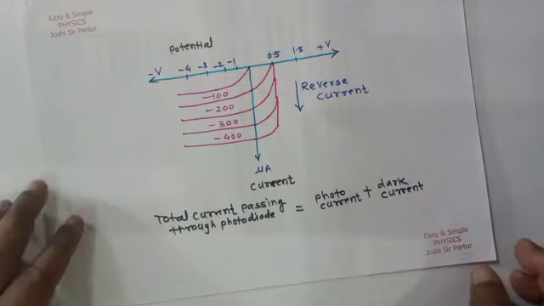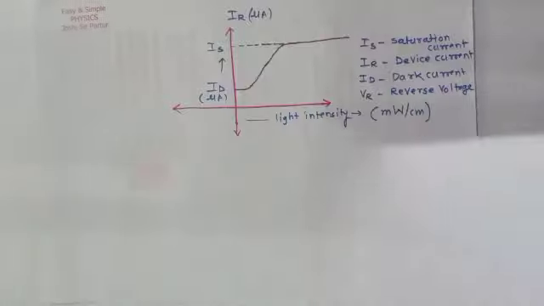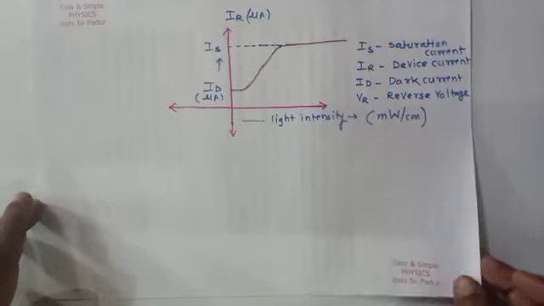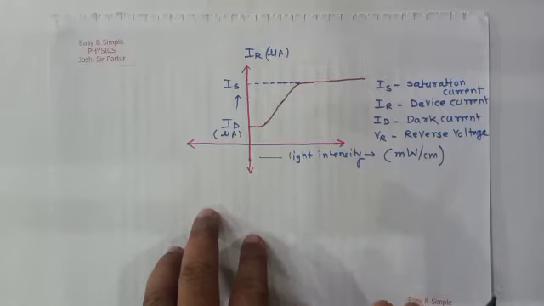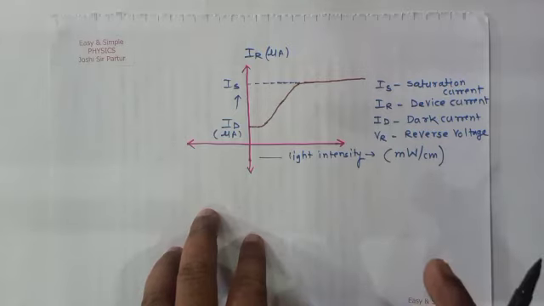If another graph is plotted, current against illumination, it can be seen here. The sensitivity of the device can be increased by minimizing the dark current.